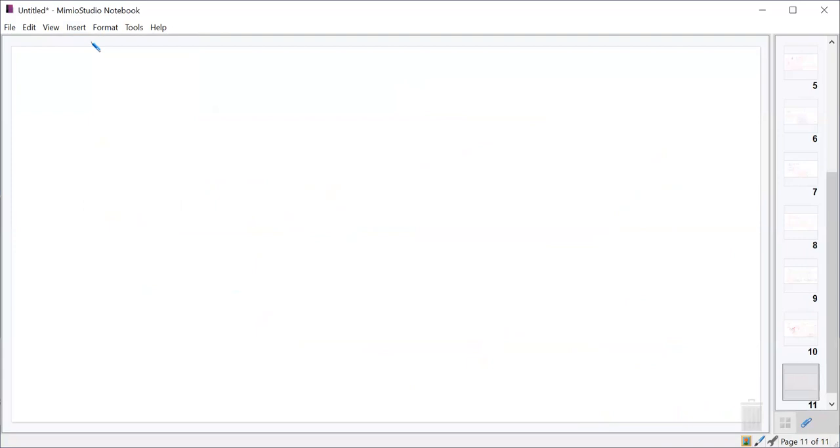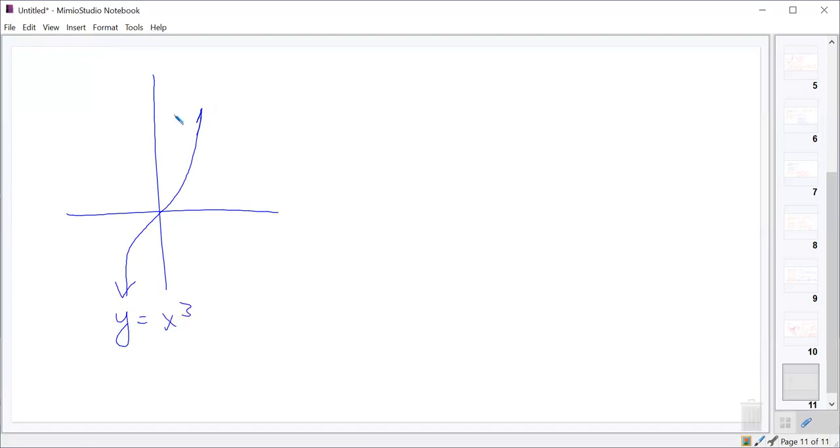All right. Let's do another one. Let's find the area of this region. Here is y equals x cubed, and I want to find this region right here.